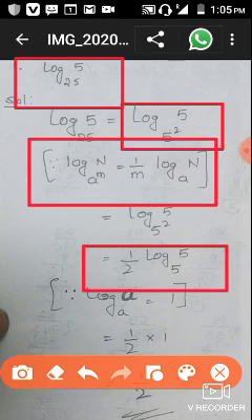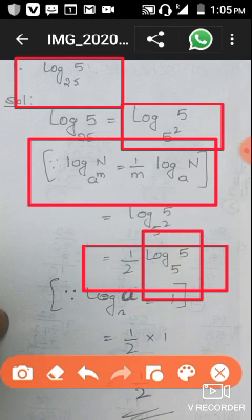Here the 5 power 2, the power 2 is there, so the 2 becomes the denominator, so 1 by 2 log 5 base 5. This log 5 base 5 becomes 1. Why?